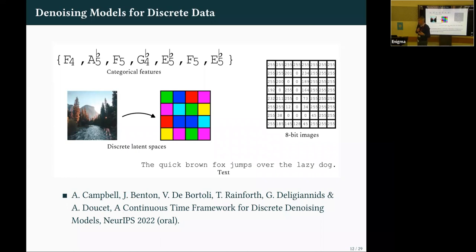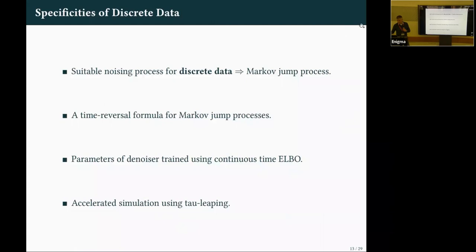Could we do some kind of denoising diffusion model for text? We have a paper doing that, and in this case you work on a huge-dimensional discrete space. What we did is replace the Ornstein-Uhlenbeck process by a Markov jump process that converges towards the uniform distribution.